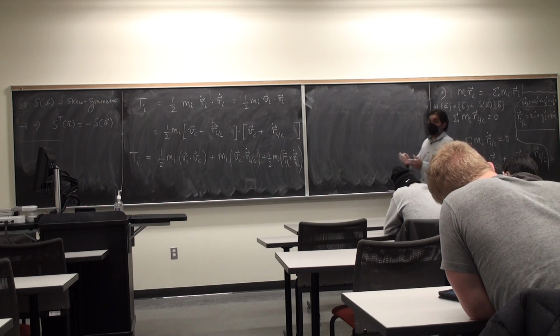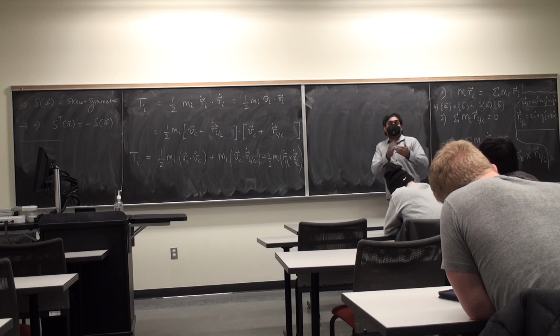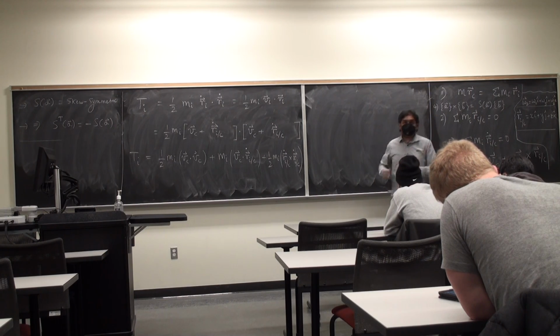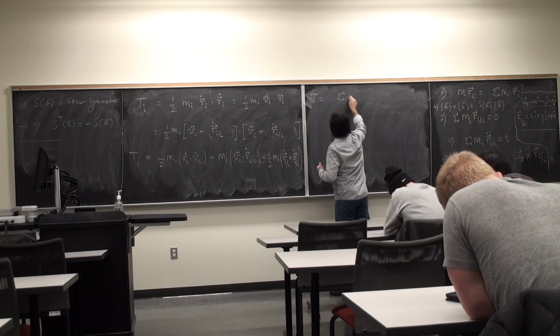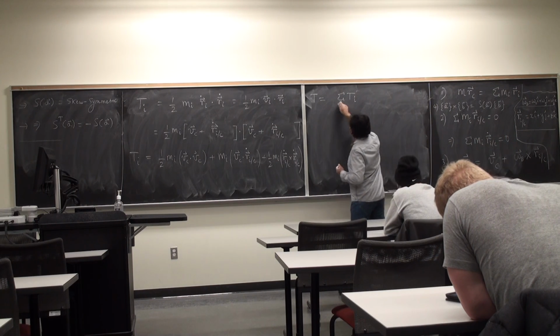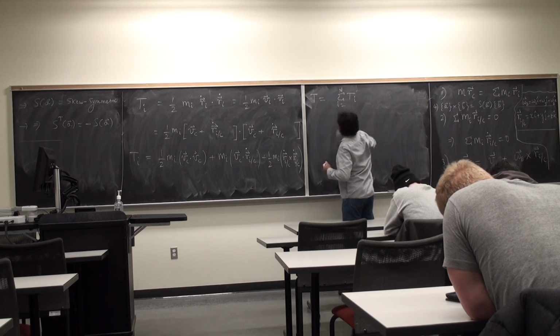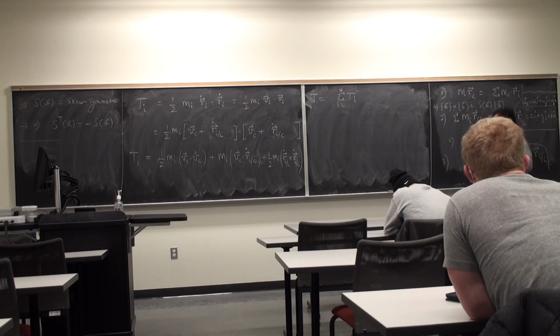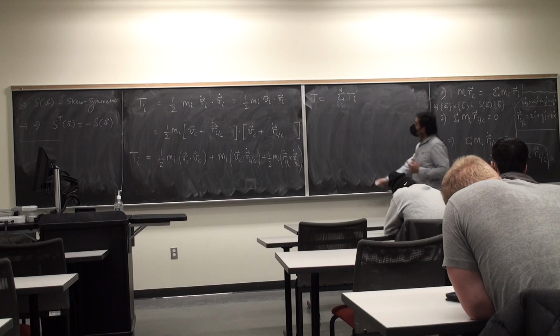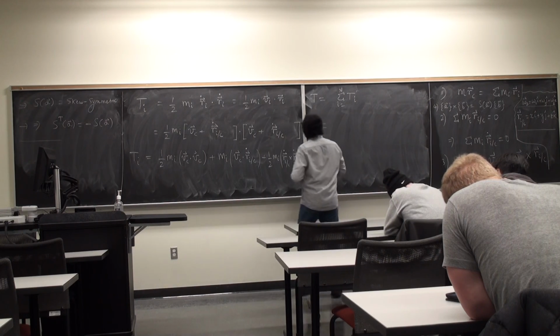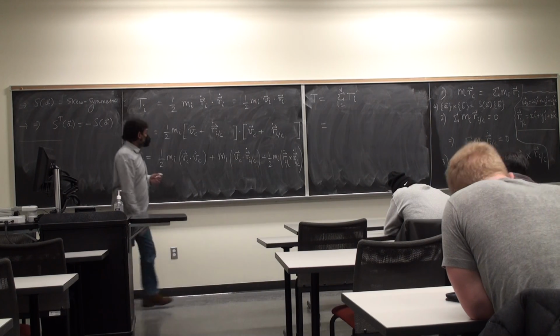And I'm going to take the sum of all of these so that I get the total kinetic energy of the body, right? So T is the summation of Ti, i goes from 1 to n. With your permission, I'm going to skip some things.